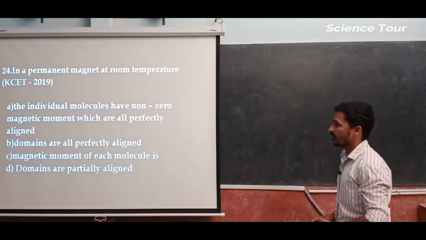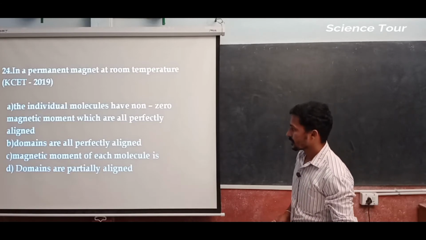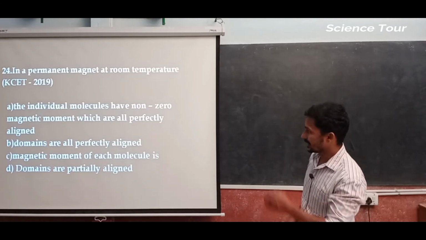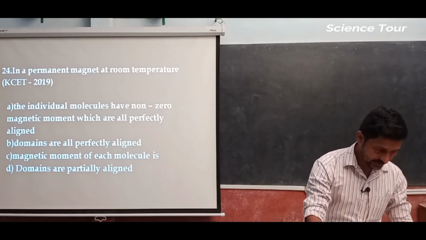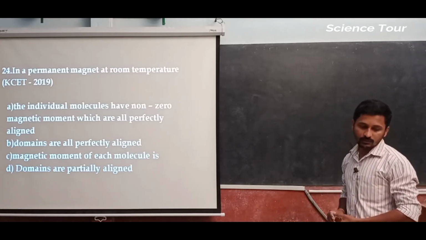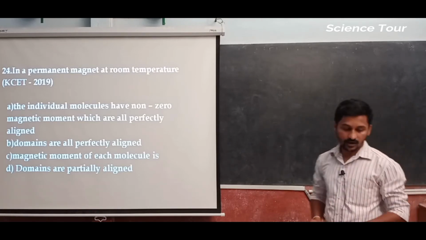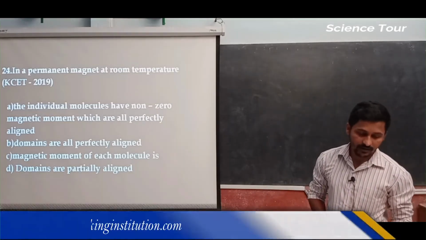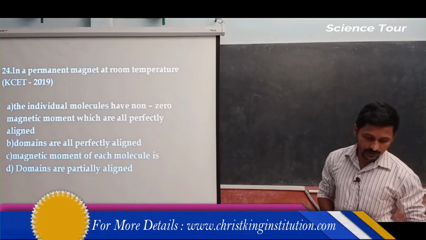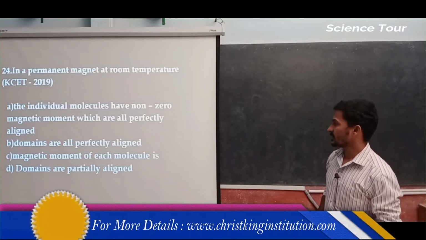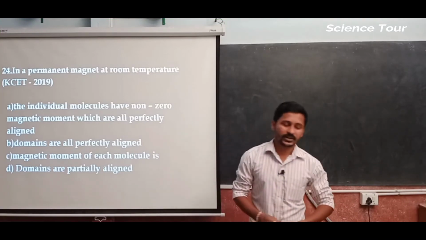Magnetic moment of each molecule is... The individual molecules have non-zero magnetic moment which are all perfectly aligned. B is domains are all perfectly aligned. Magnetic moment of each molecule is... some ambiguity is there in that option, maybe while printing.